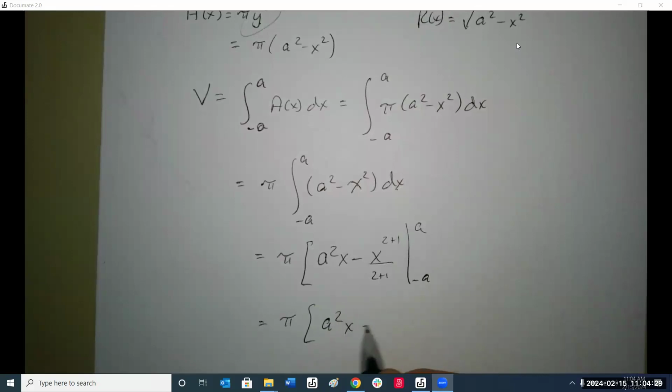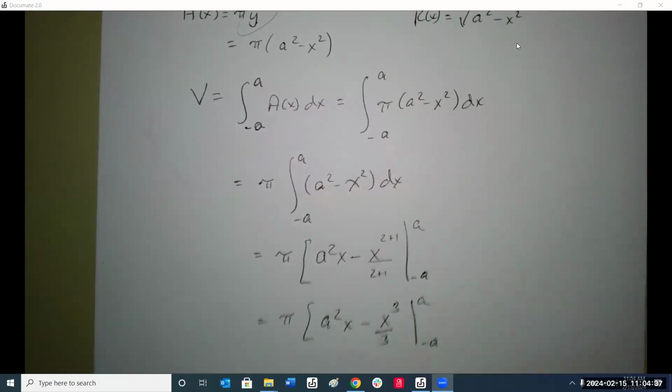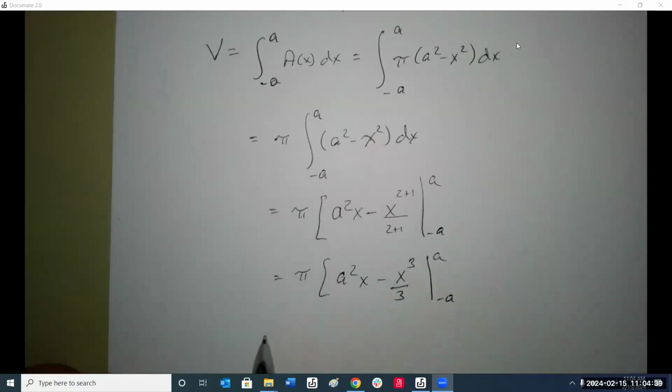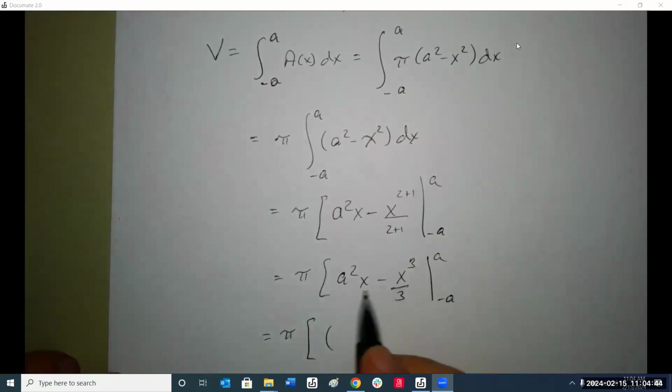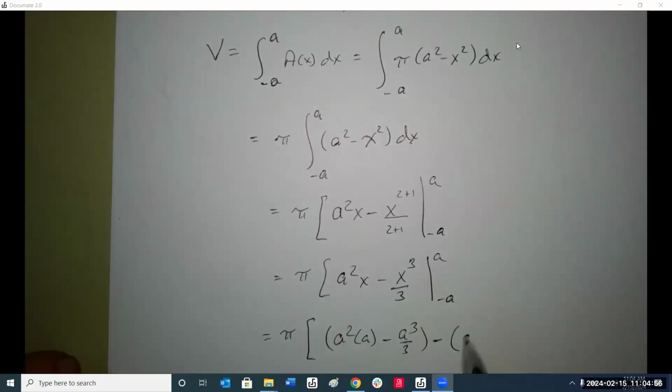So a squared x minus x cubed over 3, from negative a to a. So it's a squared times a minus a cubed over 3, minus a squared times negative a, minus negative a cubed over 3.